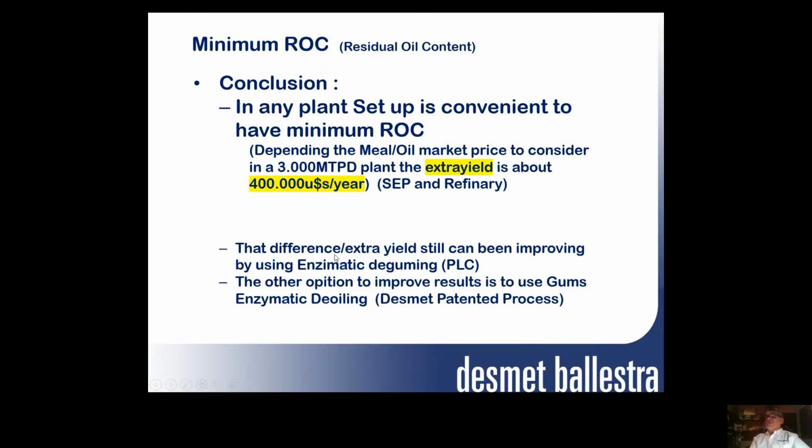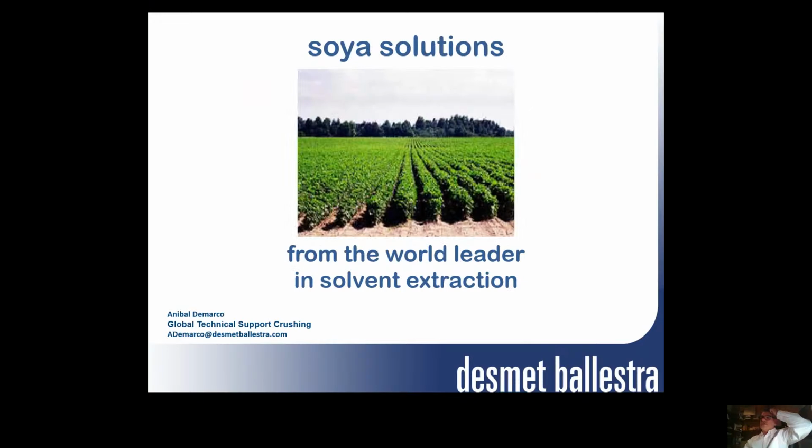And even that difference in extra yield can be improved by using enzymatic degumming, or the other option is enzymatic deoiling of gums, which is a Desmet patented process, also available in some other presentation in another session. It's an alternative process for gums.